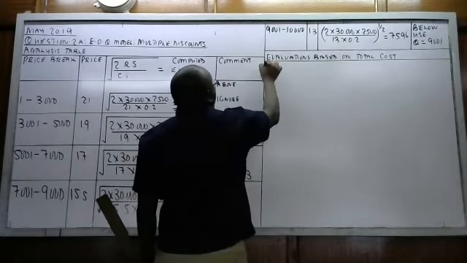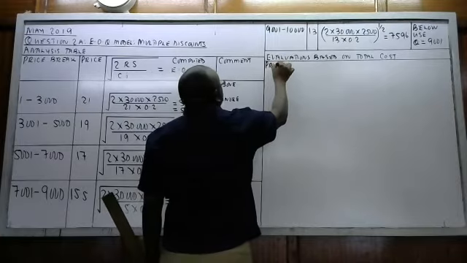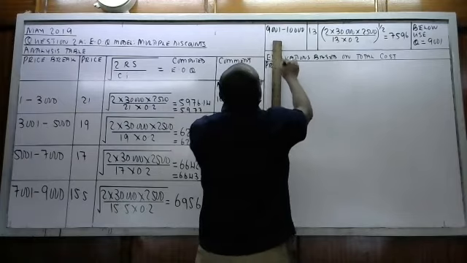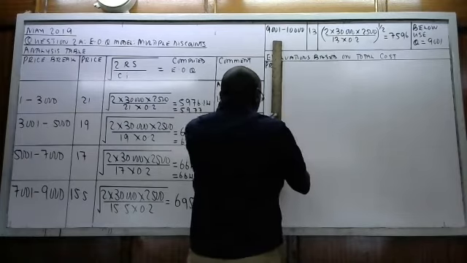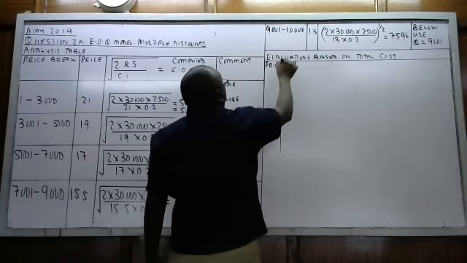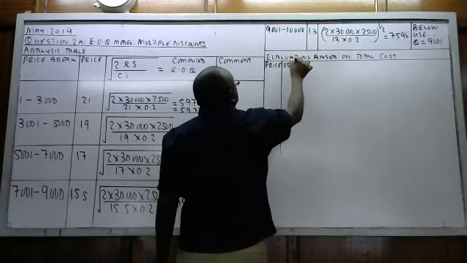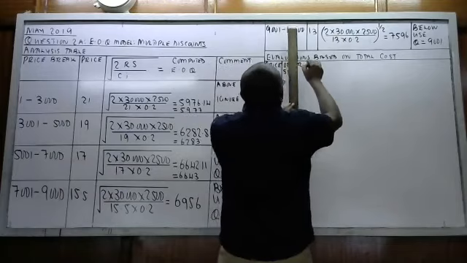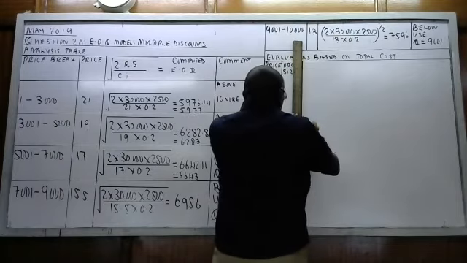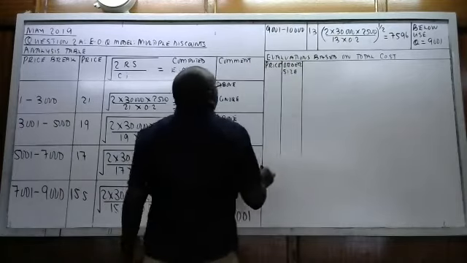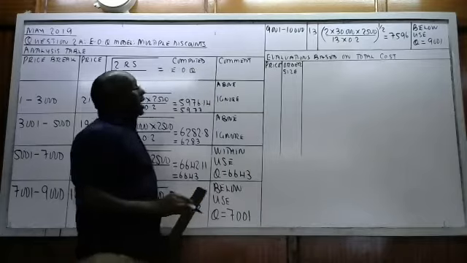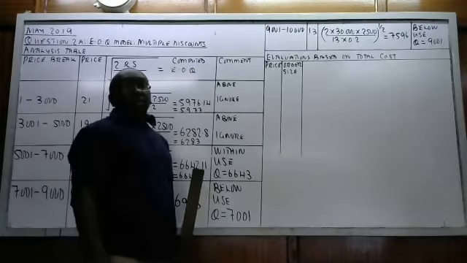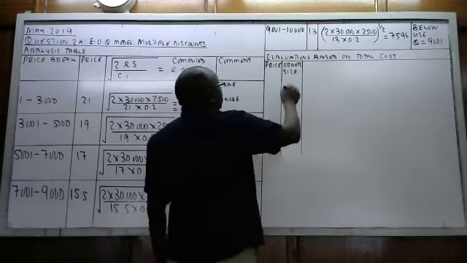So here we will have the price, then we have the order size. The price and the order size. Then we want to get the total cost. How do you compute total cost?